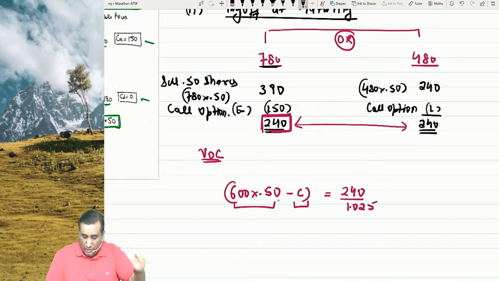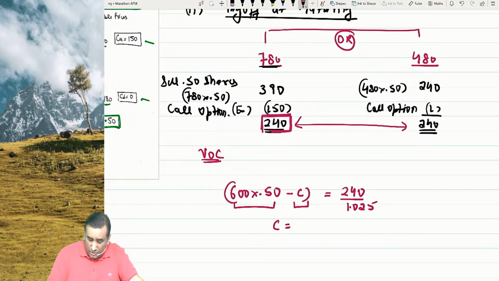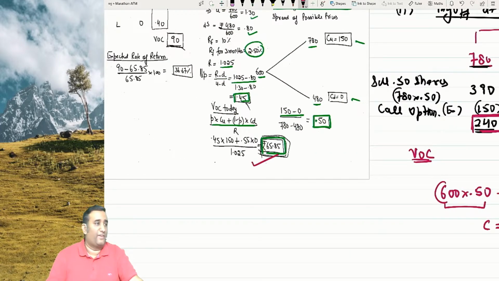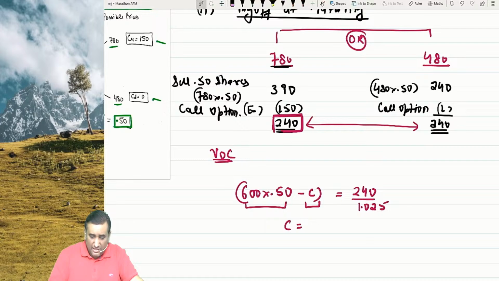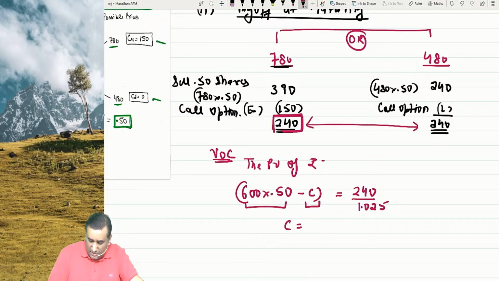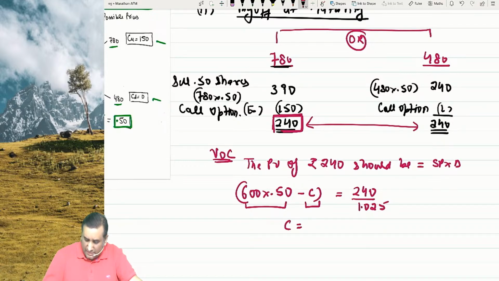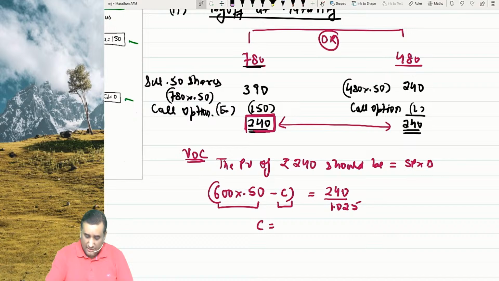So 600 into 0.5 minus C is equal to 240 divided by 1.025. C would be exactly the same as before, 65.85. So basically this is nothing but the PV, the present value of 240. The price into delta means I'll buy the share, it's a delta.